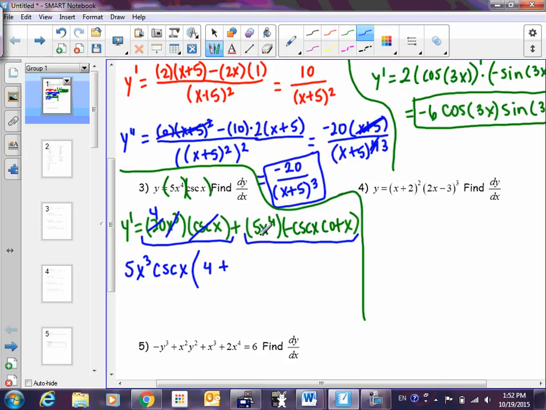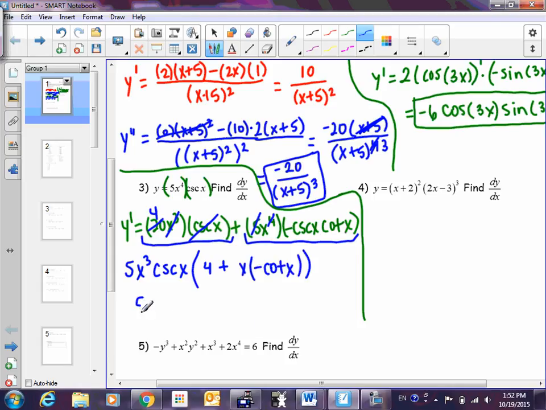Okay, so on this next one, I factored out the 5. I factored out x cubed, and I had x to the 4th, so what's left? Just x, right? And what about the last group? What's left? Yeah, times negative cotangent x.